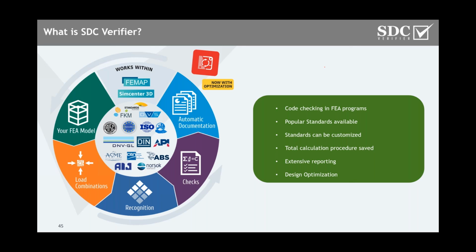The standards are open, can be customized, and you can write your own checks. The complete calculation procedure is saved. We have extensive reporting, which allows you to build template-based documents, and a huge time saver in terms of design optimization.